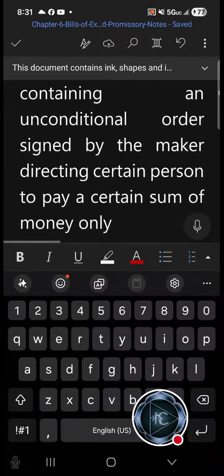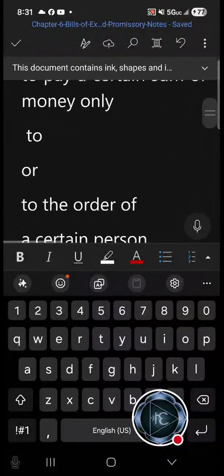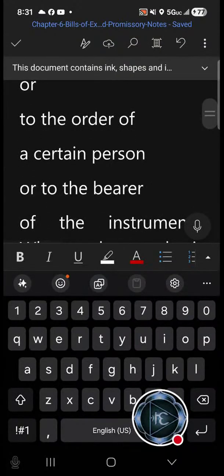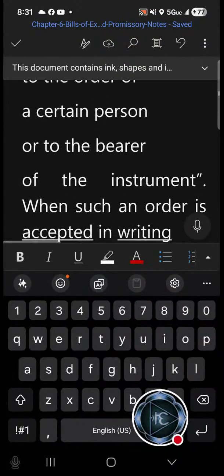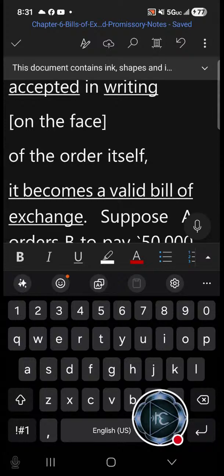Now let's see what this says. By the maker directing certain persons to pay a certain sum of money to or to the order of a certain person or to the bearer of the issue, when such an order is accepted in writing on the face.